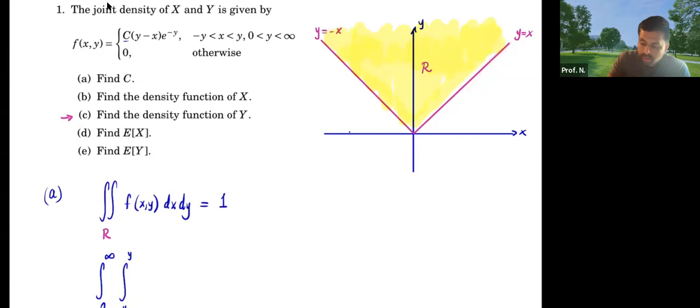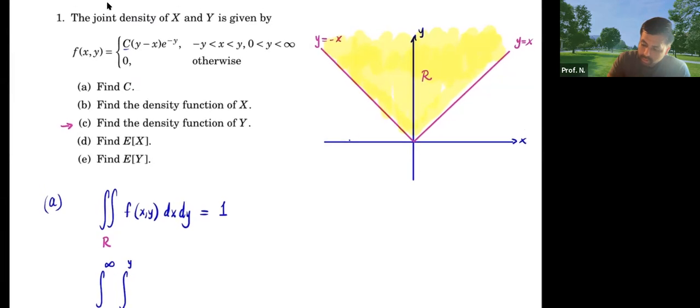because you would say that for every x, the x's go from negative infinity to 0, but the y's go from negative x to infinity. And then the integral goes from 0 to infinity for the x's, but then the y's go from x to positive infinity.